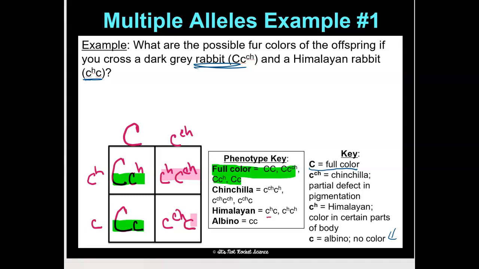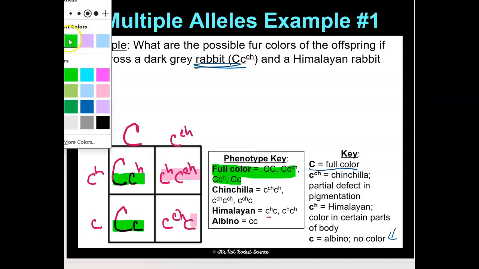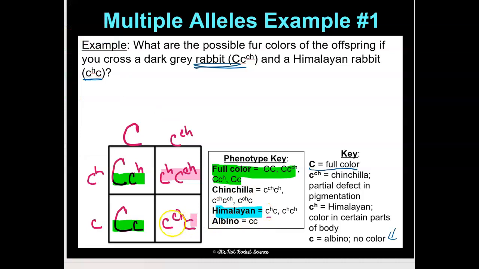It's telling us here that that one would be Himalayan, right? So that one would instead be Himalayan here. So that would mean that we would have 2 full color to 1 chinchilla to 1 Himalayan and 0 albino.